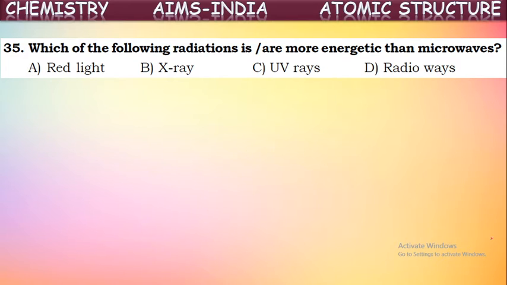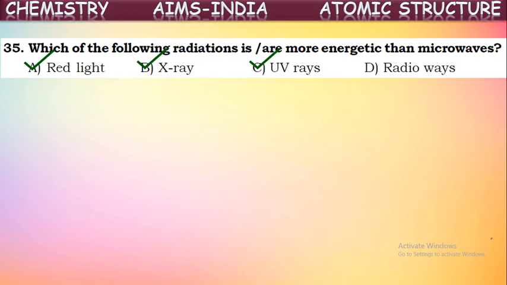And they have a little greater energy than radio waves. Now they're asking which of the following radiations are having greater energy than microwaves. The first three will come under that. Radio waves will be having less energy than microwaves.